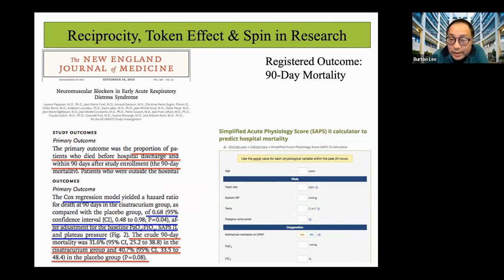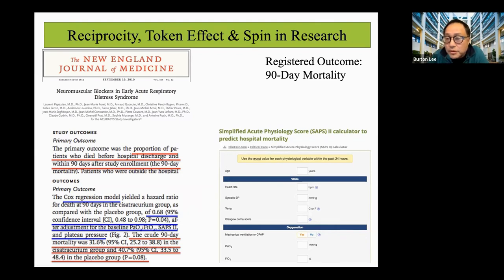Now, what's worse than a post hoc adjustment is, if you understand what a SAPS score is, and I'm showing you an example, a SAPS score actually already includes the PF ratio. So if you're following, they adjusted for PF ratio once, and then they're doing it again, because that's how you get under the p-value of 0.05.